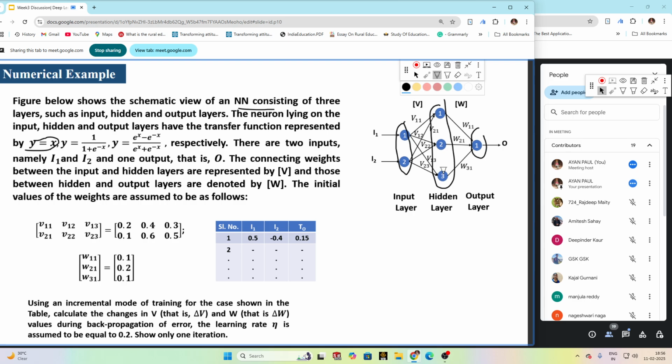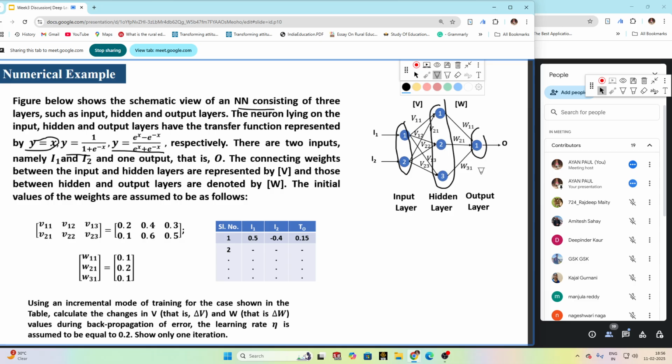The neurons in the hidden layer will have the activation function 1 by 1 plus e to the power minus x. This is the sigmoid logistic function. And the third layer, the output layer, has the activation function y equals (e to the power x minus e to the power minus x) by (e to the power x plus e to the power minus x).